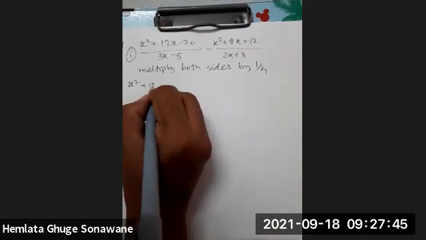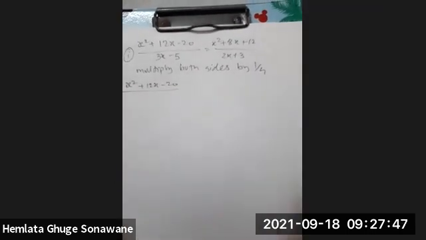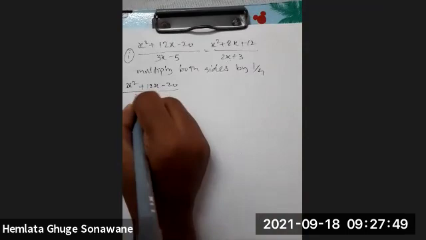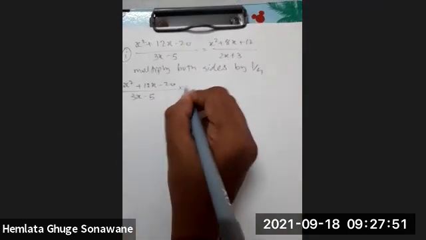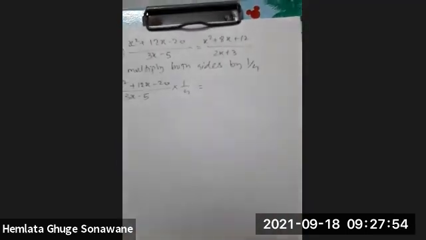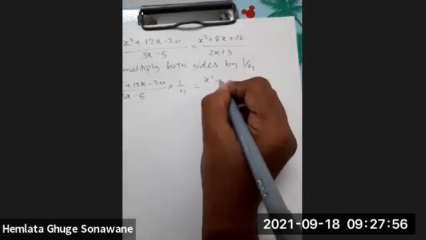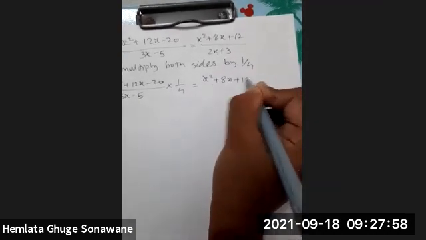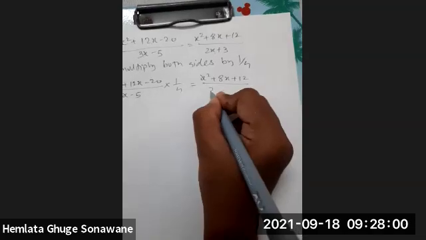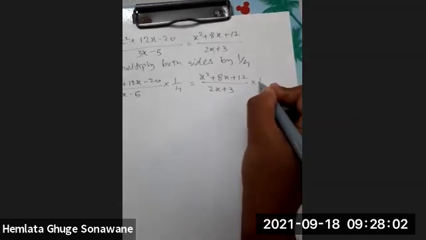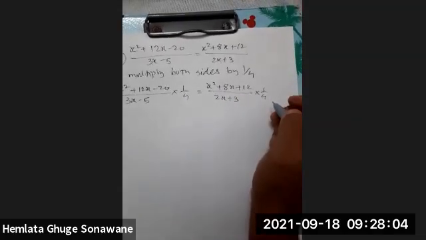(x square plus 12x) upon (3x minus 5) into 1 by 4. (x square plus 8x plus 12) upon (2x plus 3) into 1 by 4.